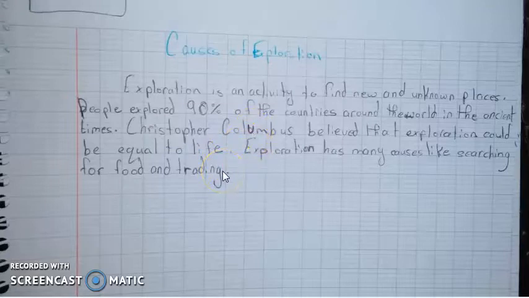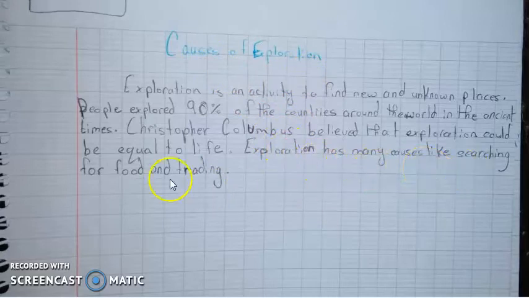And then we move to the most important statement in our introduction, which is the thesis statement. It gives the main idea of our whole writing. The thesis statement should be divided into two parts: the topic, which is exploration, and the controlling ideas, that are the ideas that will be in our essay. Here, our topic is causes of exploration, so we say exploration has many causes, and we don't stop.